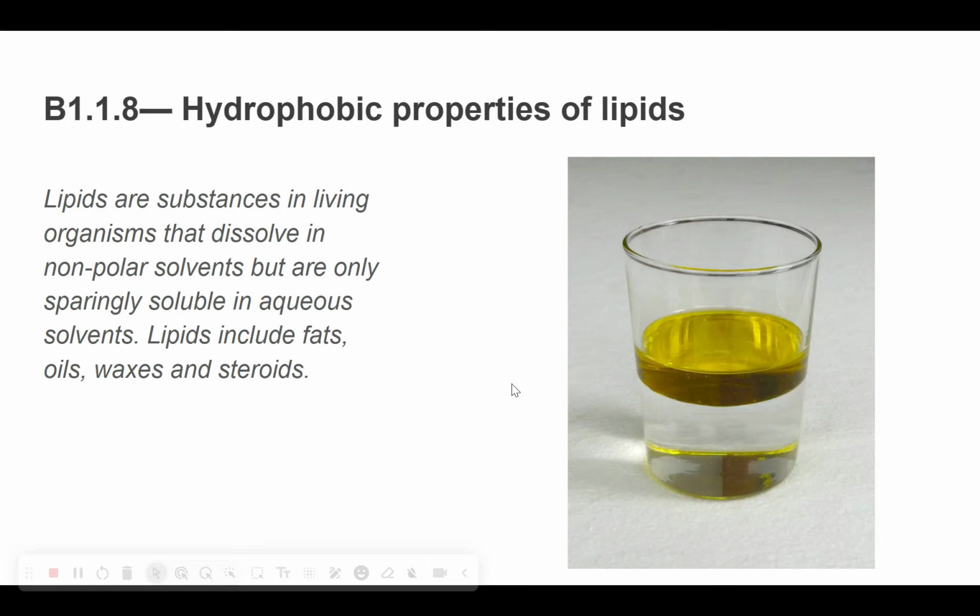All right. So the first thing to understand about lipids is that they are hydrophobic. They are water-fearing. Lipids are substances in living organisms that dissolve in non-polar solvents, but are only sparingly soluble in aqueous solvents. They include fats, oils, waxes, and steroids.